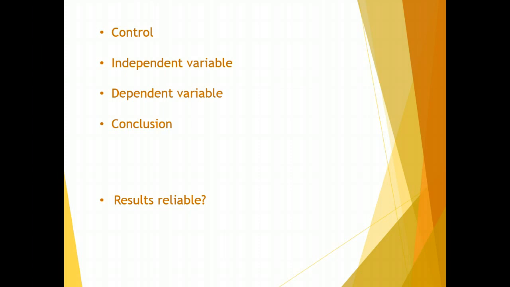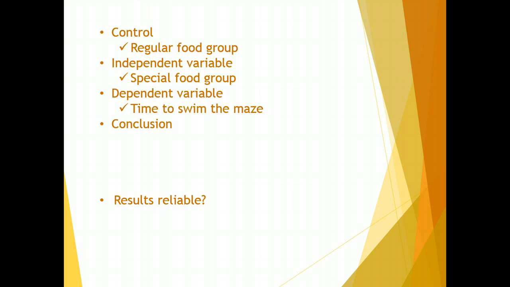What do you think the control is for this experiment? The regular food group is the control because that's the thing that's tested under normal conditions. The special food would be our independent variable. The dependent variable is the time it takes for the fish to swim the maze.